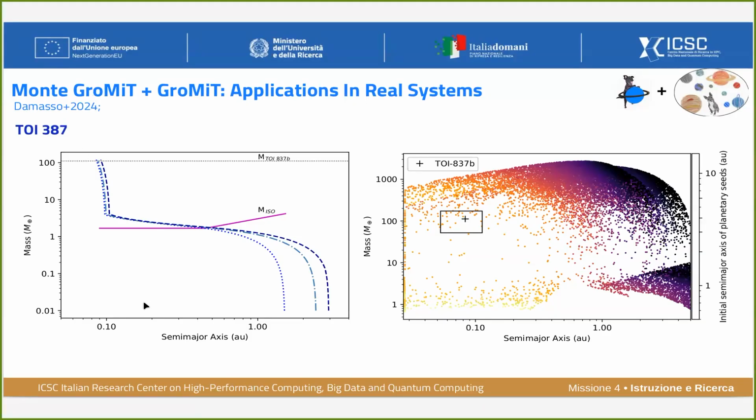So it is very much a degenerate problem. As you can see, there are at least 3 different initial setups for the disks that can produce a planet that is more or less within the error bars of the observed characteristics of the planet.